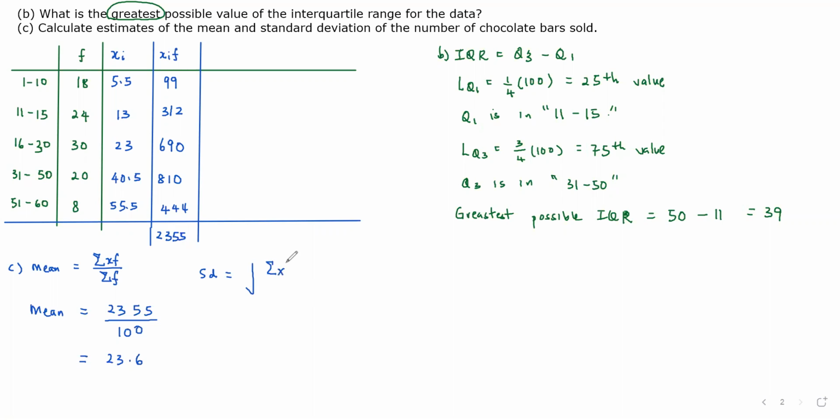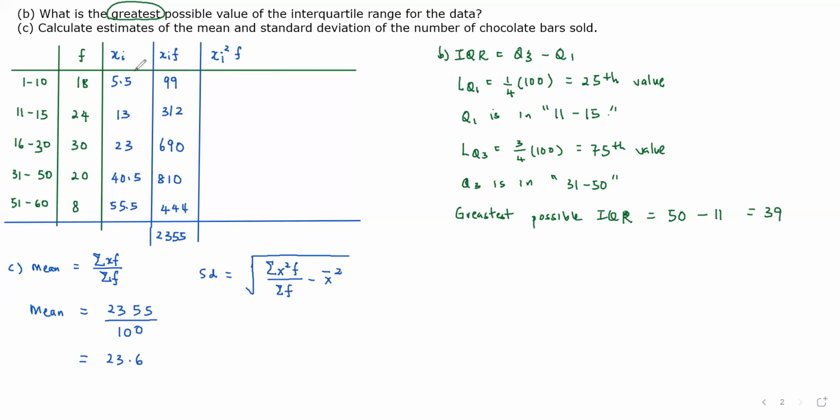So we have the sum of x squared f over the sum of f, minus the square of the mean. And to find the standard deviation, we take the square root of the result. You get this formula in the formula sheet, so you don't really have to memorize it. We need to find the square of the class midpoint times f.